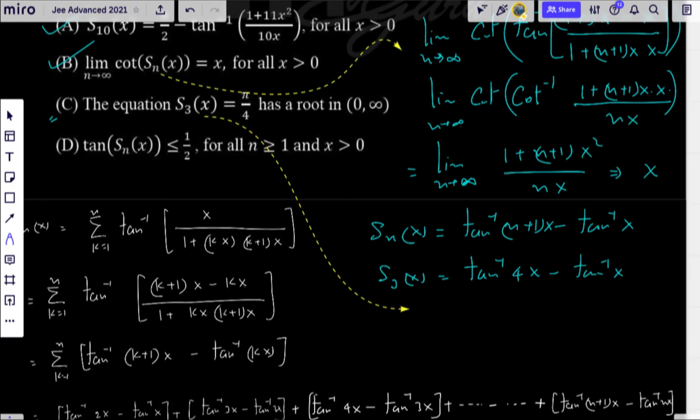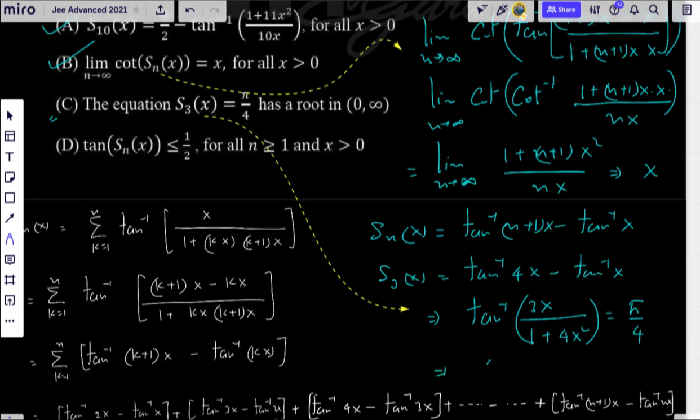So this implies tan inverse of 4x minus x, directly we write 3x, upon 1 plus 4x square, equal to pi by 4. And this implies 3x upon 1 plus 4x square equals tan pi by 4.